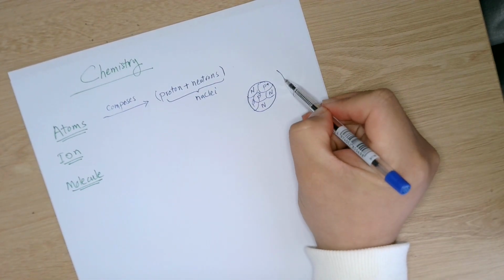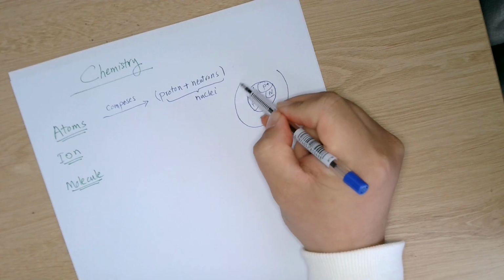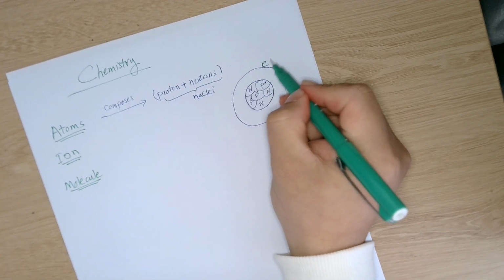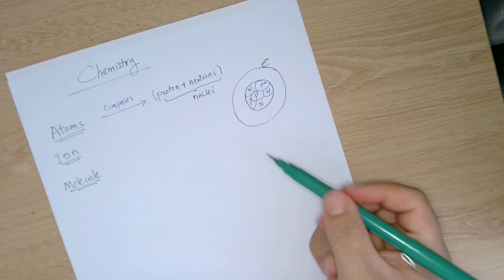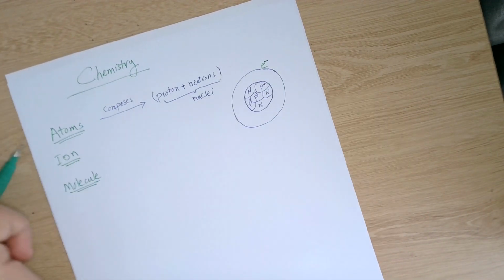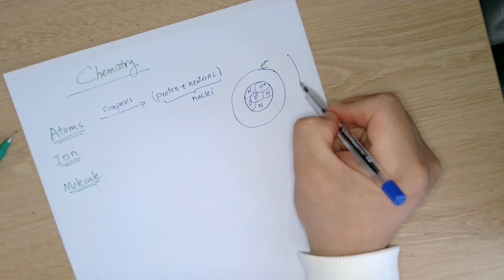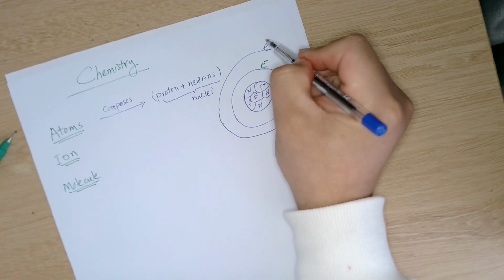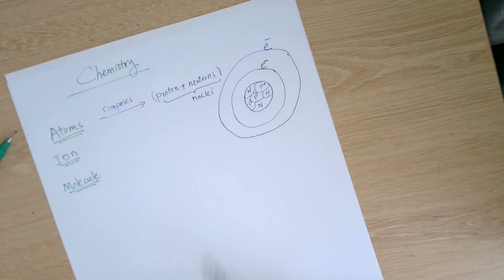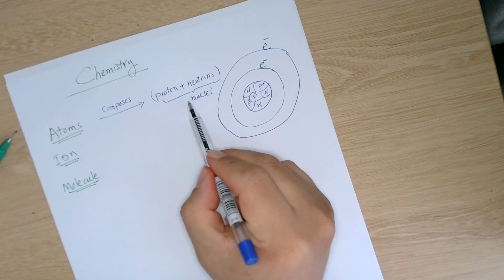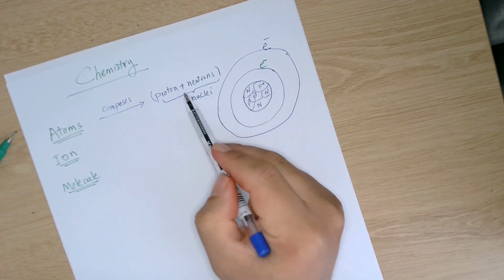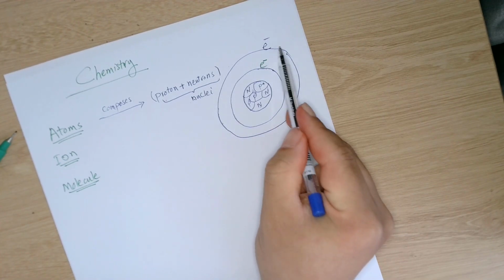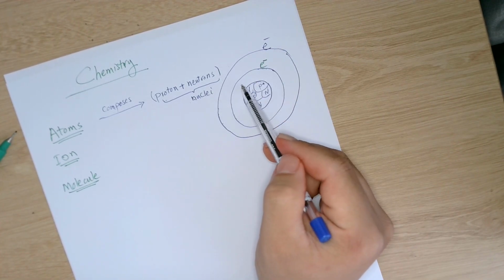What is it surrounded by? It is surrounded by electrons, e negative, and they are orbiting around it. So the nucleus that consists of protons and neutrons is here, and it is being surrounded by electrons.